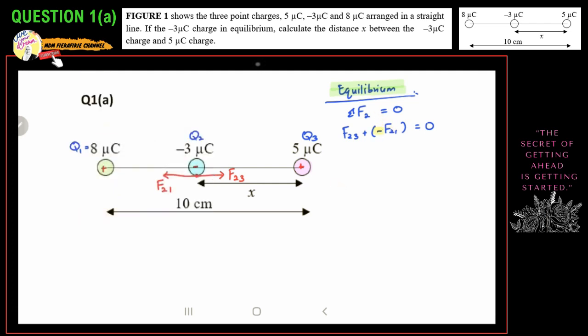Okay, so let's highlight negative sign. So rearrange the equation so we can write F23 is equal to F21. Okay, so let's substitute the equation for the electrostatic force on charge 2 due to third charge. This is the electrostatic force on Q2 due to Q1.